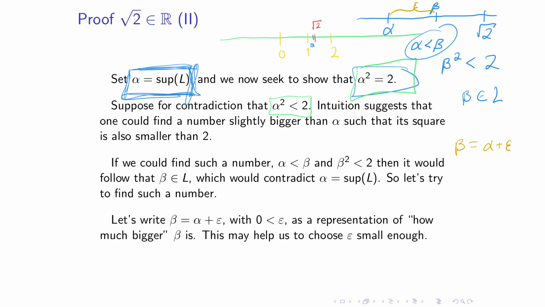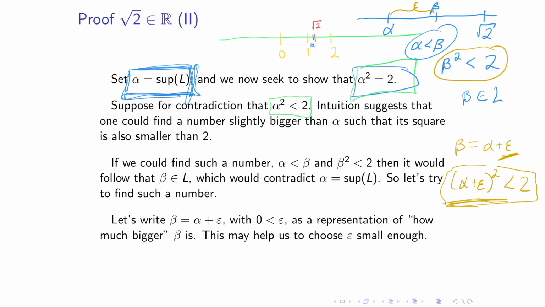And then if we're talking about beta squared being less than 2, what we're equivalently talking about is that alpha plus epsilon, squared, should be less than 2. But now this gives us some algebra to work on. So the hunt was on for this value beta, and it's over if we can find this value epsilon, maybe because this allows us to do some algebra.